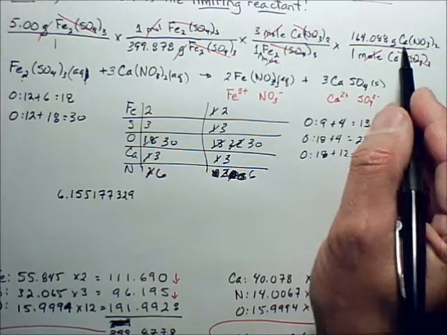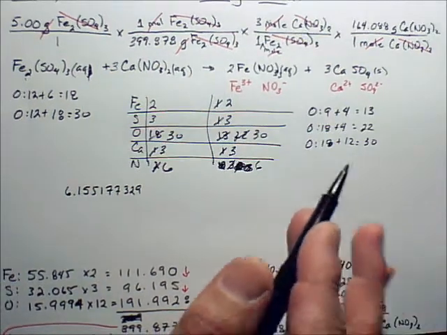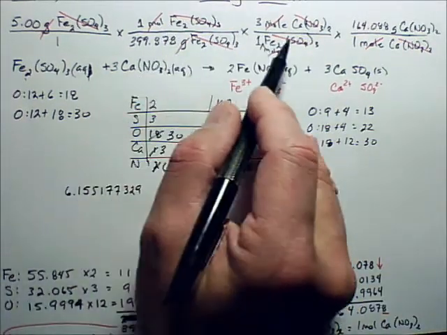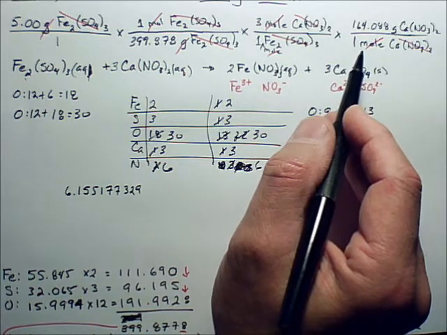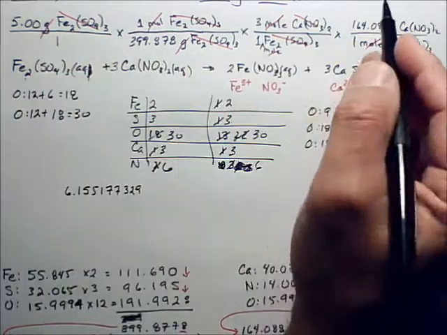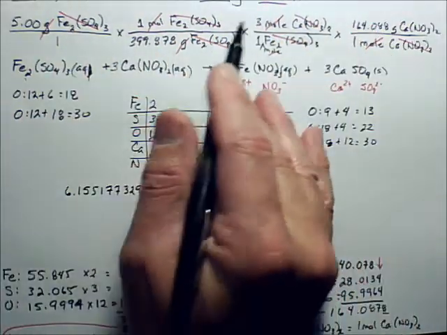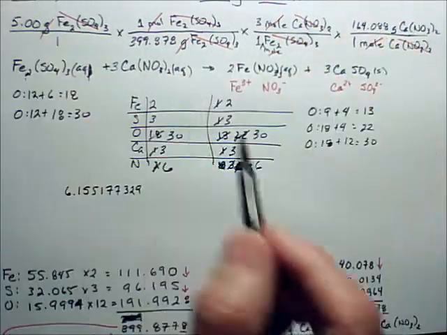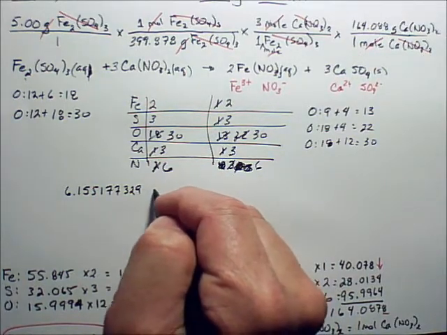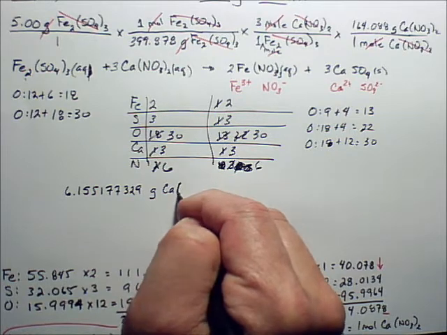We've canceled everything but this unit and species. If you've done everything right, if you set it up right, every unit and species should cancel except the one that you're looking for. And it did. We're looking for the mass in this case. We're looking for a limiting reactant. We want to find first the mass of calcium nitrate. So that's grams of calcium nitrate.